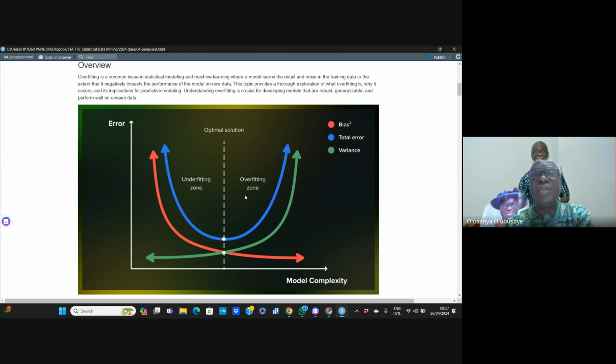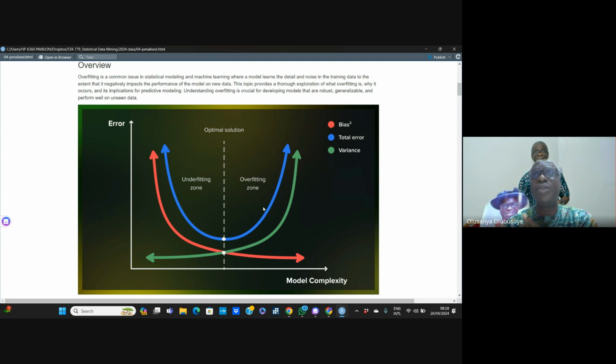So you want a model that is able to mimic the data used to train it, as well as carry that knowledge of the data to new data sets. So that's always the goal of any modeler.